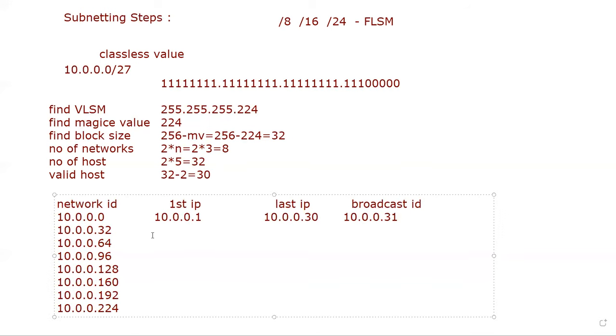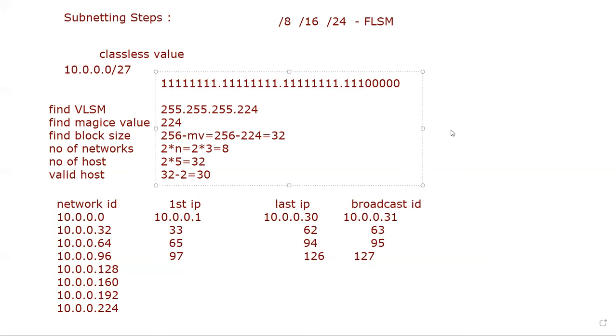Similarly, for 32, the first IP is 10.0.0.33, last is 62 and broadcast is 10.0.0.63. Next, 65 to 94 and 95. For 96, you have to start at 97 to 126 and 10.0.0.127 is my broadcast ID. Same as this, you have to solve it.